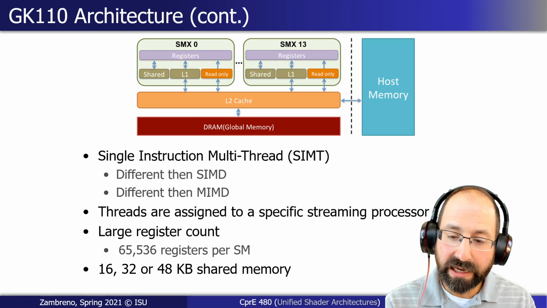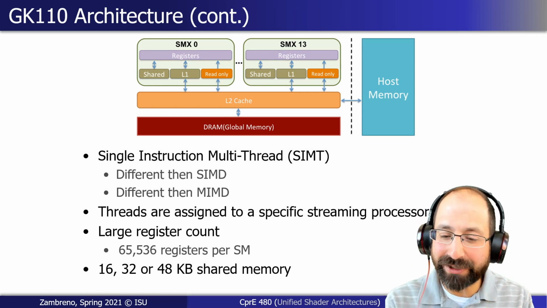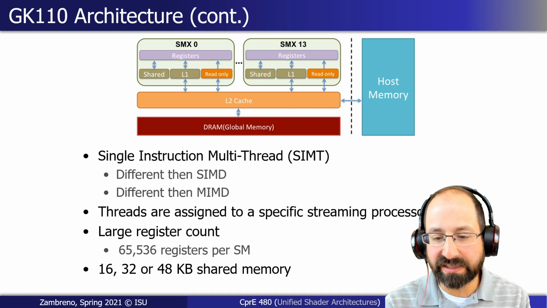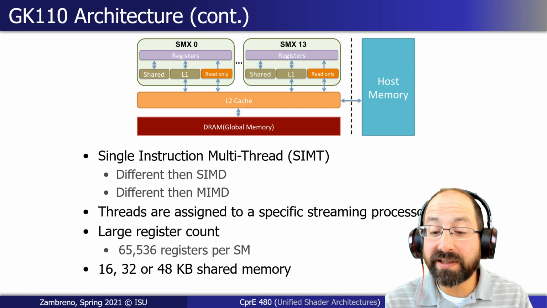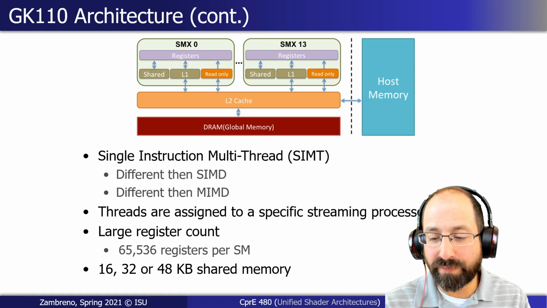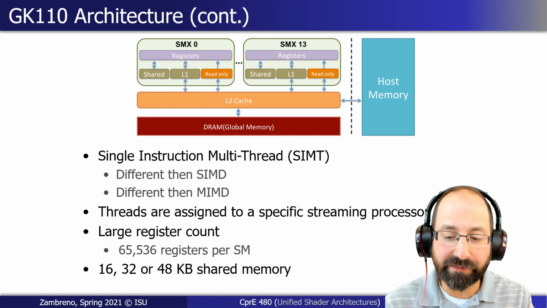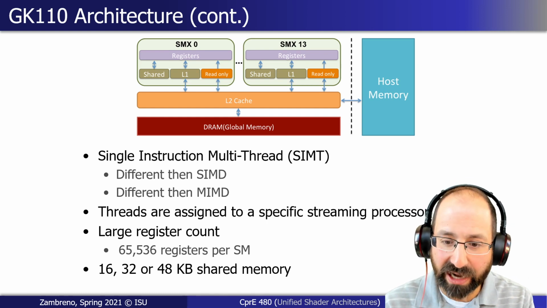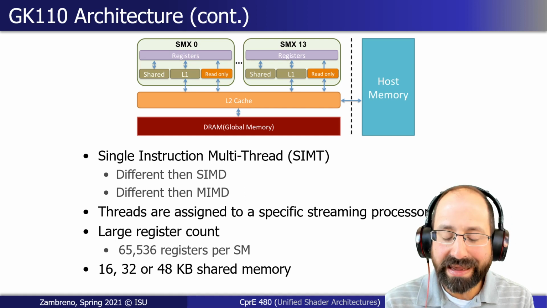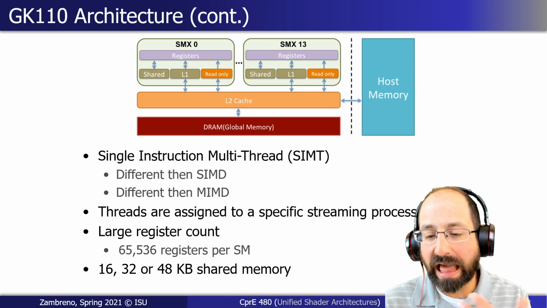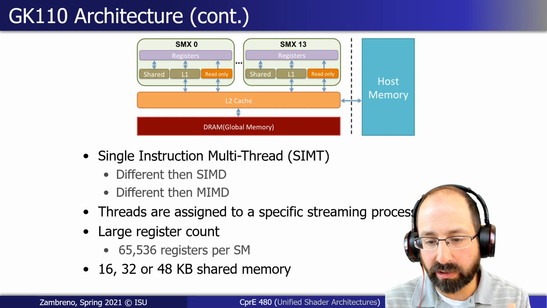The SIMT approach is still effectively the same as the SIMD approach, which is you have these individual cores and they have that functional unit type of parallelism. The main difference, and again, it's part marketing, but it is an actual practical difference, is that you now have multiple threads that are all executing that same instruction stream in parallel as well.